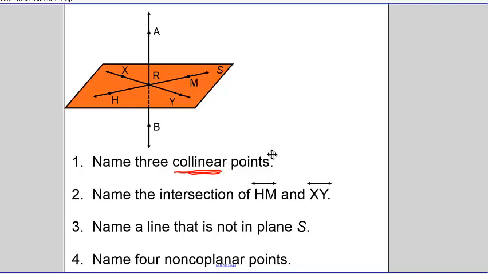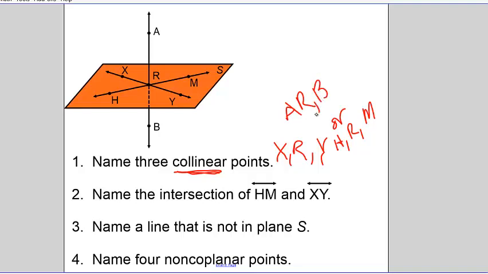So that could be X, R, and Y. That's just one possibility. Another possibility would be H, R, and M. Another possibility would be A, R, and B, and separating each one of those with a comma.